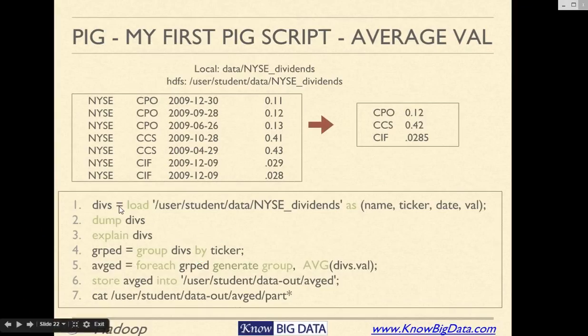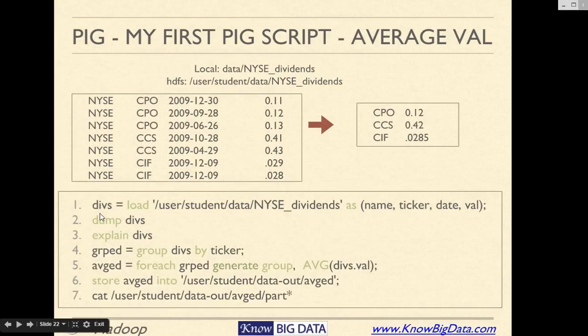So what essentially happens is, the first thing that you do is you load the data. You tell Pig that this is my data path and these are the names of my columns. So you say divs equals load data from NYSE dividends as, and you give all the 4 columns some names. So you say name, ticker, date, and value.